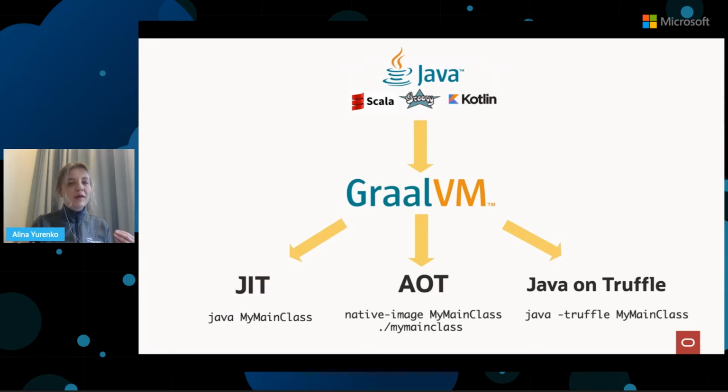So you could be running Java in a third way on GraalVM, and that is through the Java on Truffle project, which will give you another execution profile and even better interop with all those other Truffle languages. So this is not the focus of today's talk, but just to be fair, I wanted to mention that there are, in fact, 3 ways you can run Java on GraalVM. But let's take a closer look at the first 2. Why would you use them, how exactly, and when should you choose each?